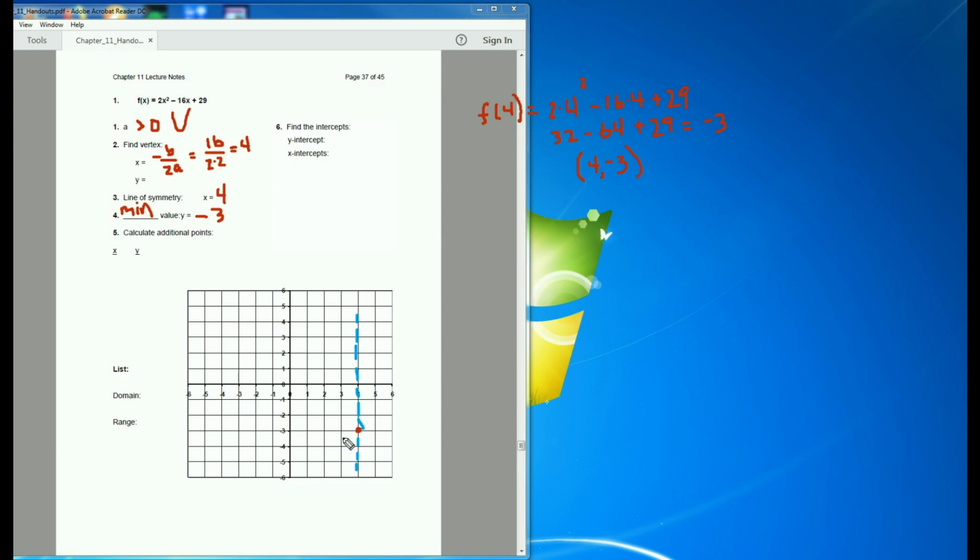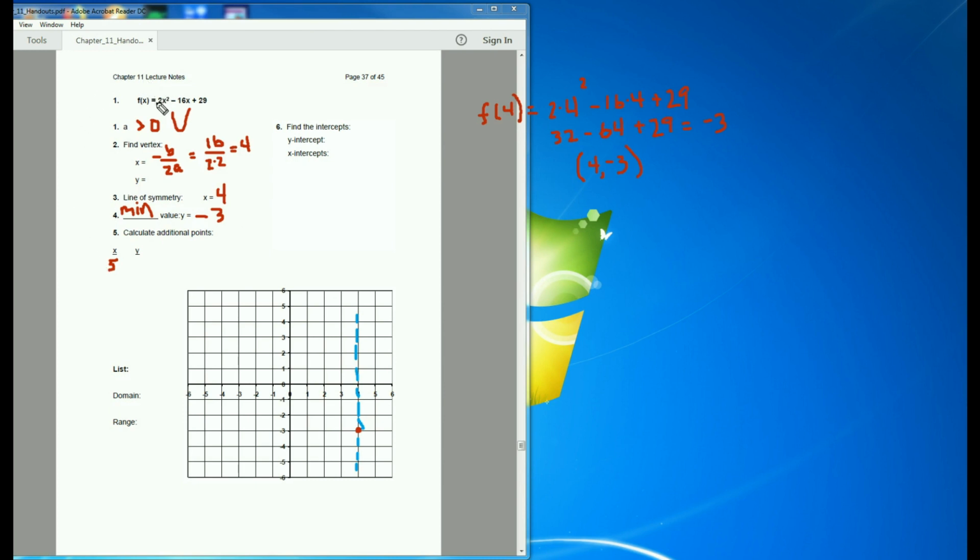And now let's calculate some other points. We're at 4, so why don't we move to the right one to x equals 5. I'm not going to write it all out this time, but what you want to do is substitute in x equals 5 to the function.